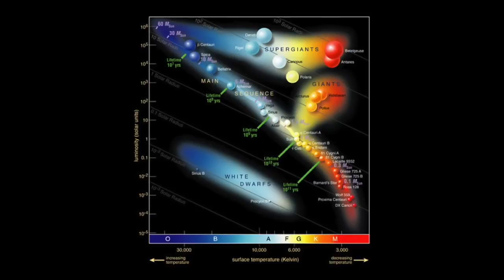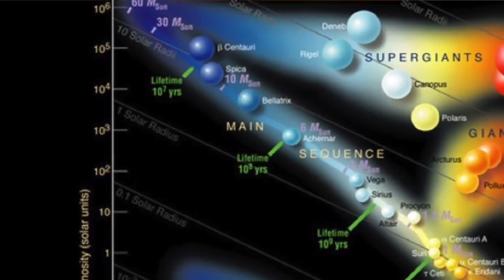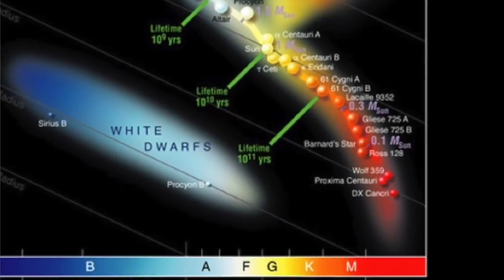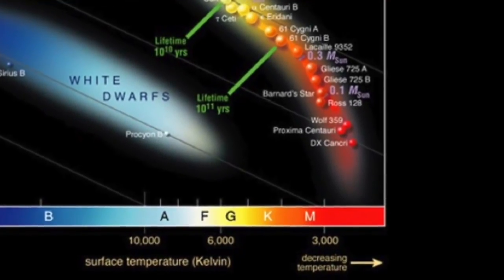Here I show the classification of stars sorted by the temperature at the deepest layers that we can see. So for the sun, this layer is about 6,000 degrees. In the upper left are the big, hot blue stars. On the lower right are the small, cool red dwarf stars.